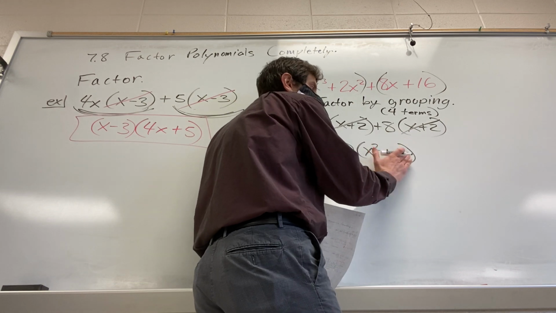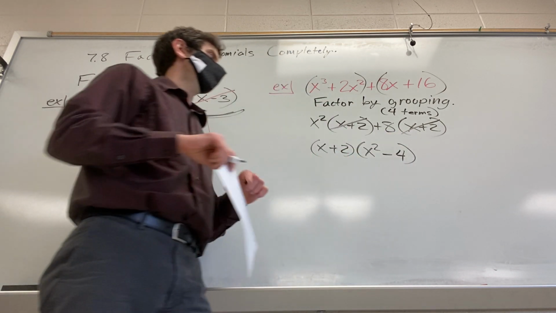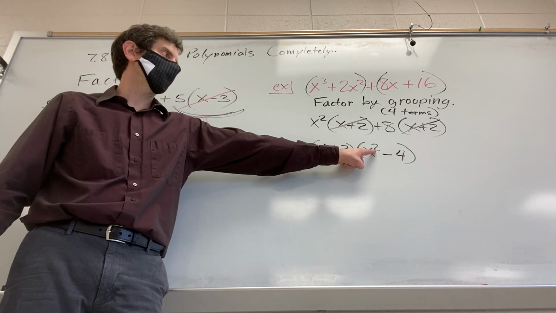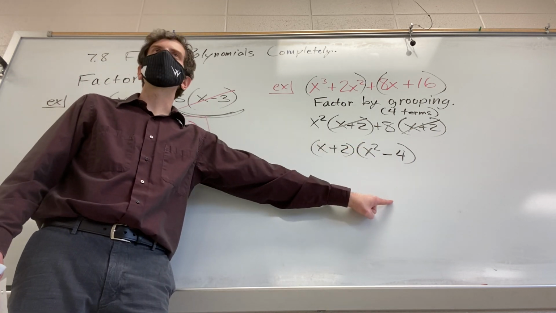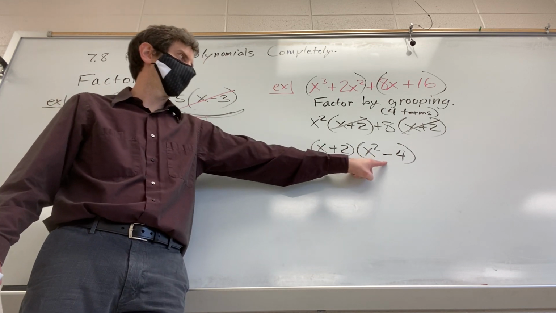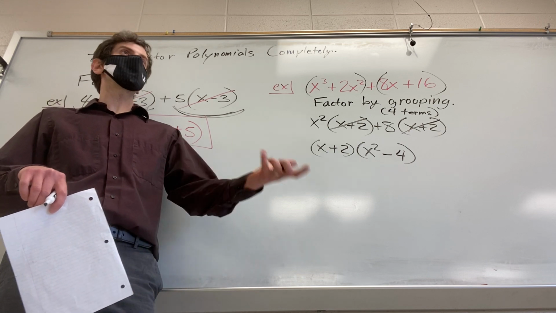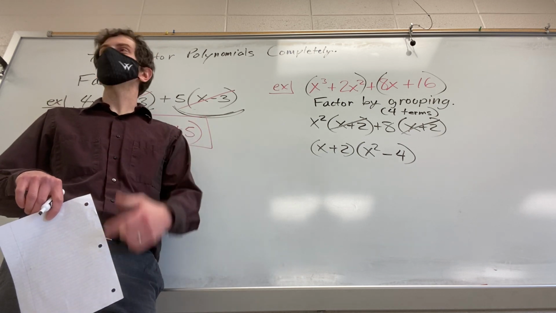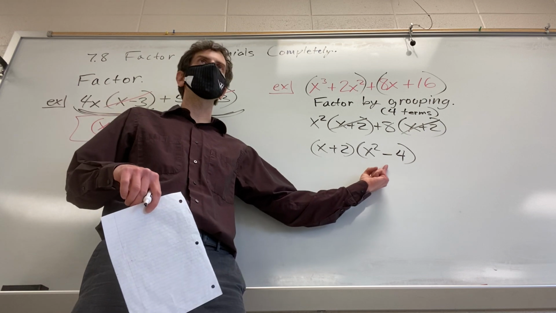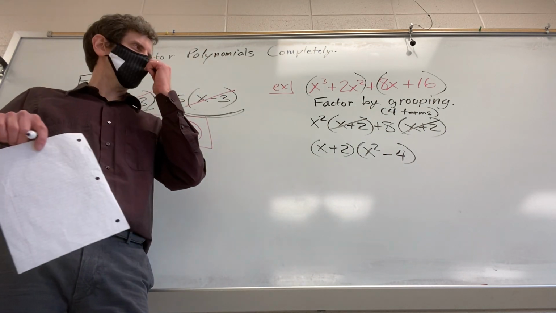Don't write this down, but if this was x squared minus 4, see how that's a quadratic? Guess what? You would have some more factoring to do. What would this break down into? X plus 2 and x minus 2. It's a difference of 2 squares, isn't it? I don't know if we do that to you in this section or not.